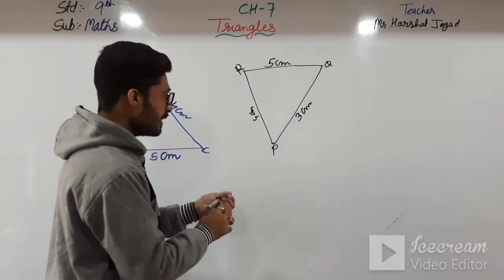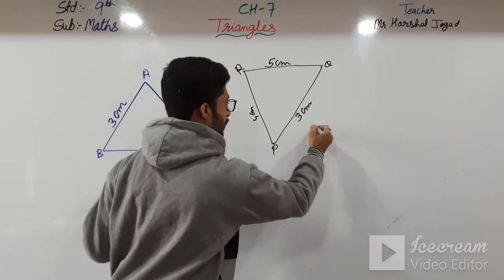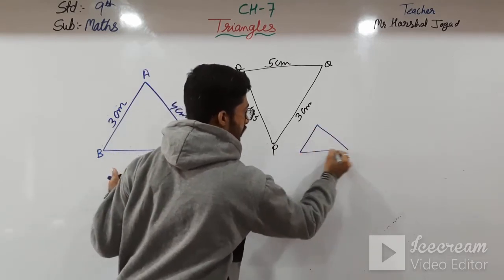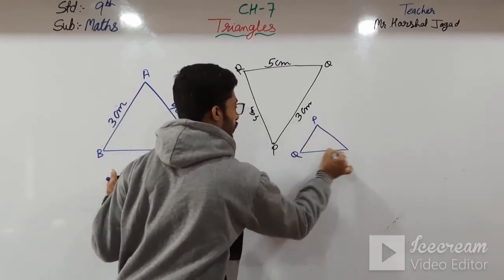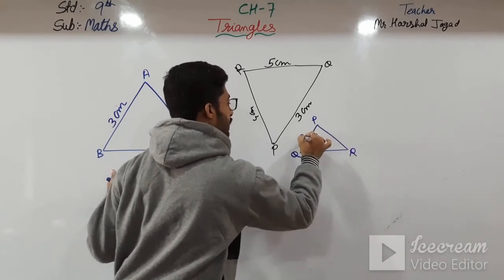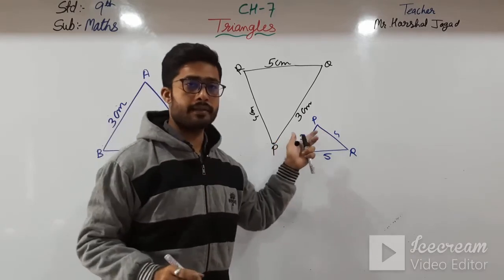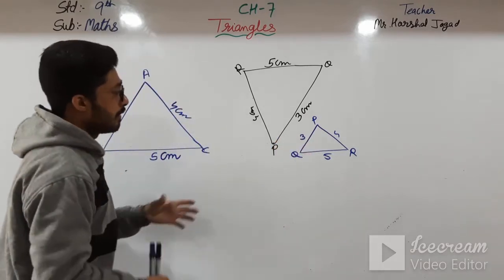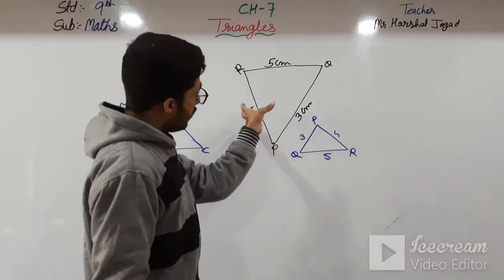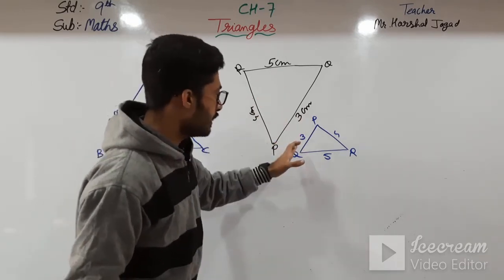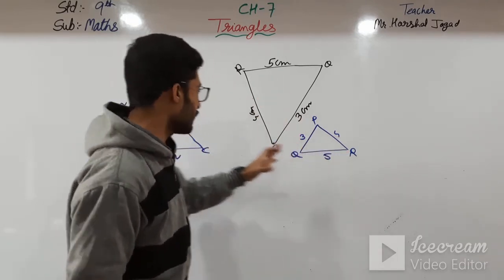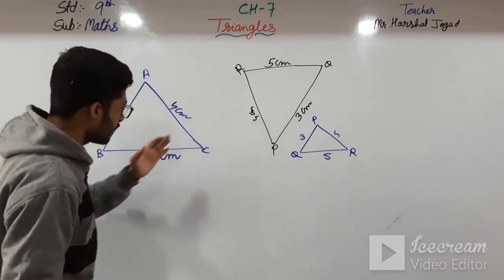Means if I just draw like this, triangle PQR, here 3, 4, 5. I haven't written the centimeter. Then if I reverse this triangle, you can see here 3 centimeters, 4 centimeters, 5 centimeters, and here also 3, 4, and 5.